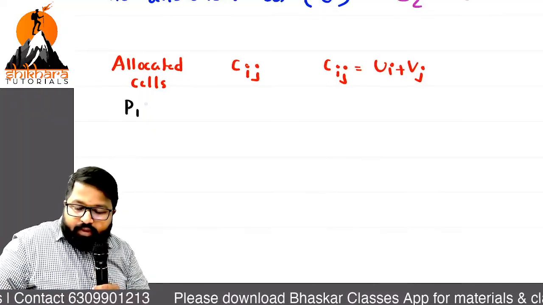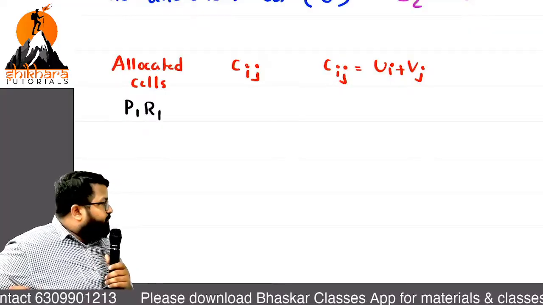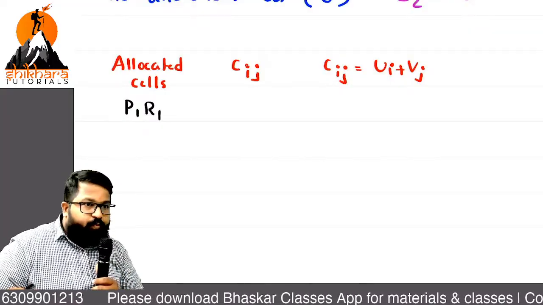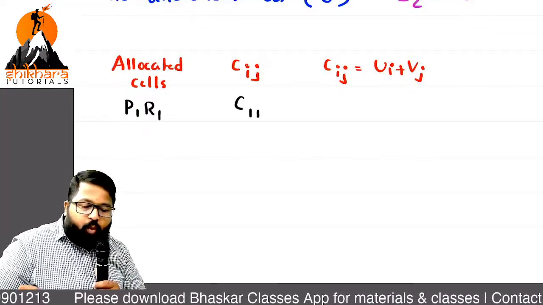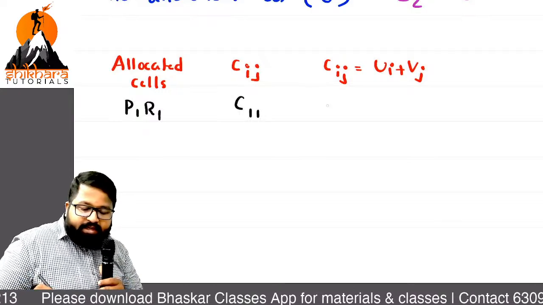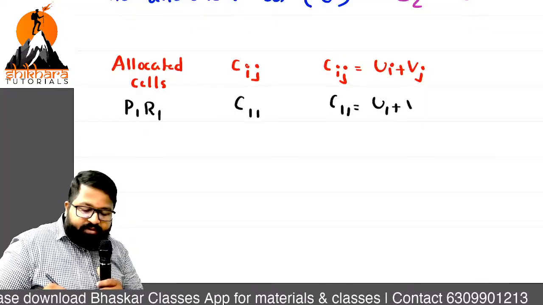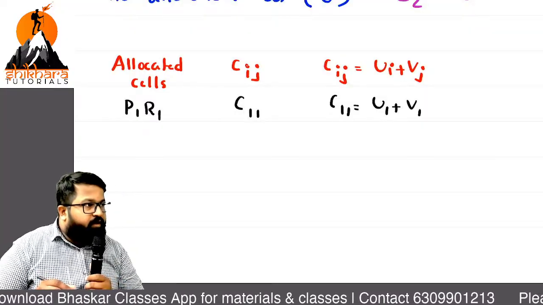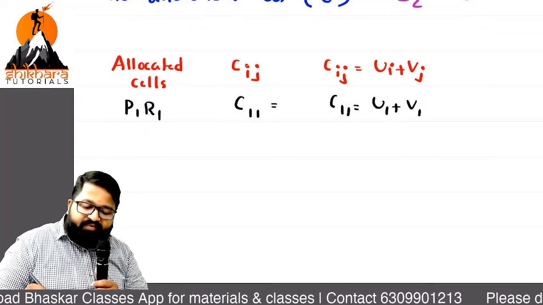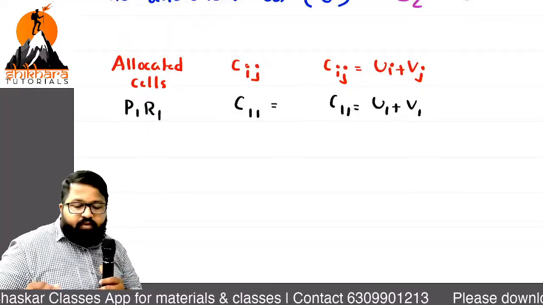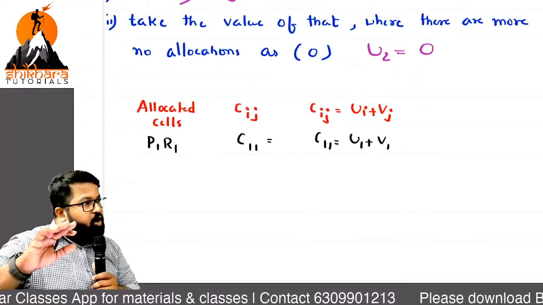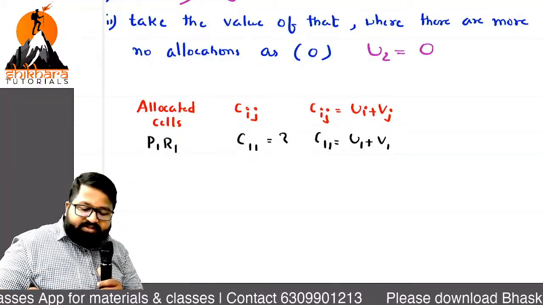P1 R1. For P1 R1, what is the Cij value? C11. Therefore, C11 is equal to U1 plus V1. And what is the C11 value? It is nothing but the cost, so it is 3.